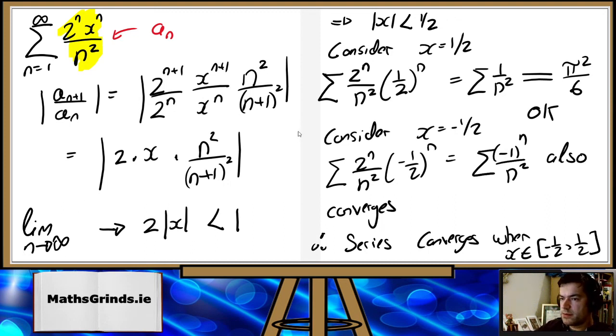Minus pi squared over 12. I'll have to remember that one. That's interesting. I'll have to try and remember that one. I didn't know it off the top of my head, like the 1 over n squared.